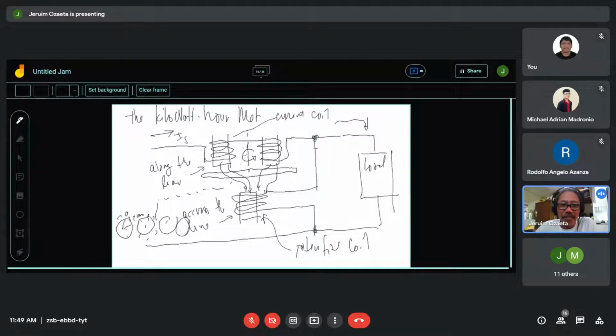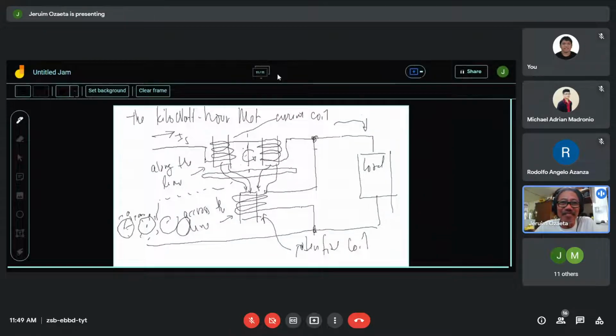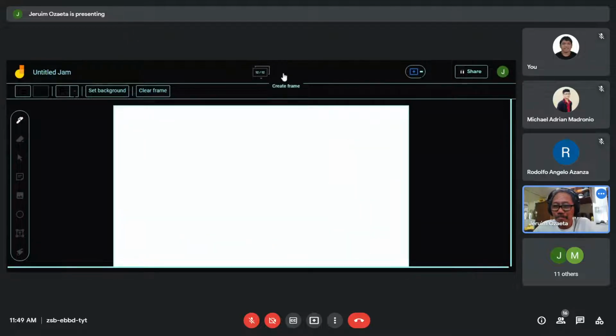So, kailangan mo na. Okay. So, ganito yan. Ito yung poste. Ito yung bahay mo. May dalawang wire dito, naka-connect dyan, tapos papunta sa metro.